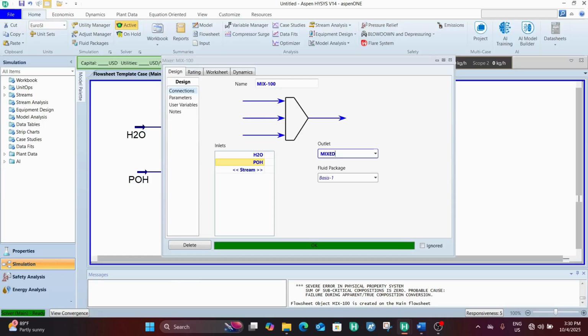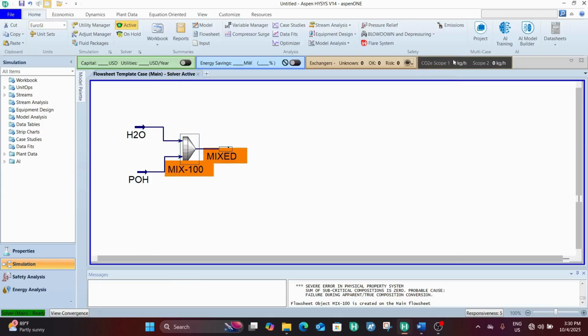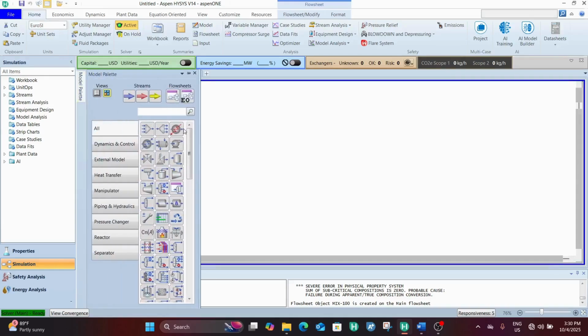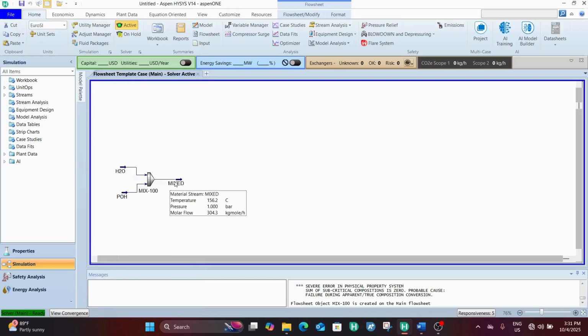Let's just call it mixed. All right, a bit more space, and let's look at the condition after mixing.